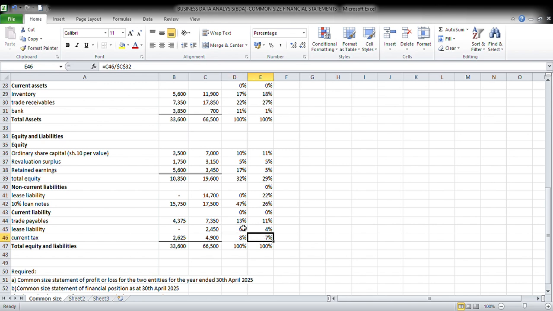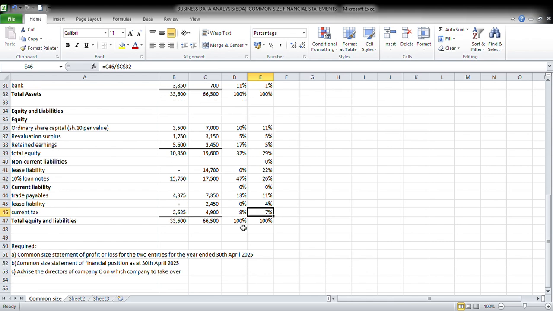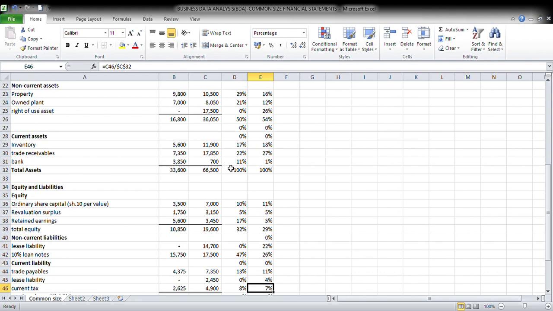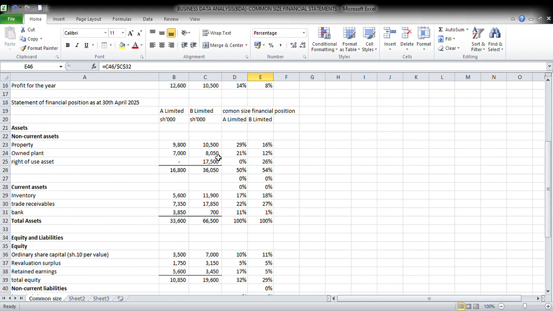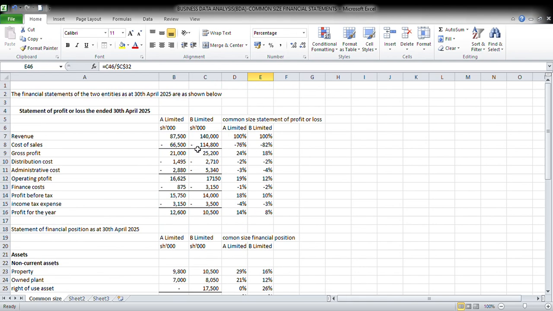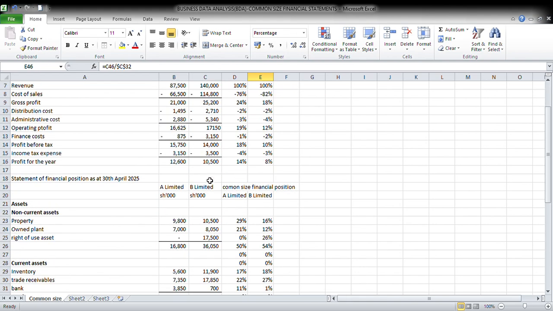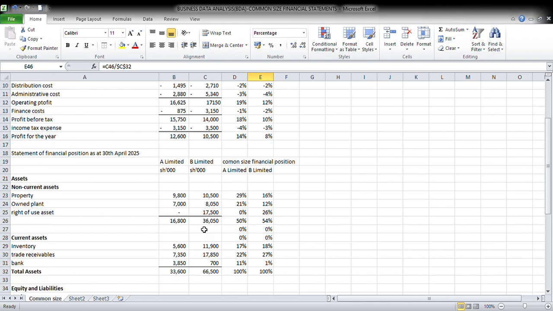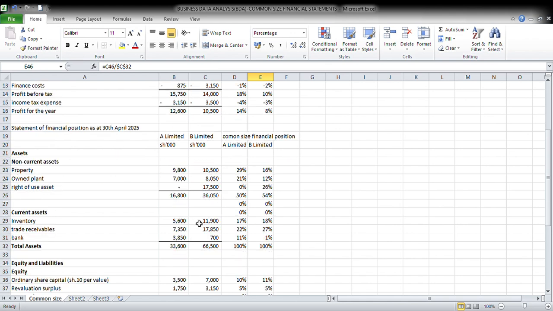So based on this, we advise the directors of company C to take over company A, because we have seen in terms of profitability, company A is more profitable. In terms of non-current asset, company A has more asset.